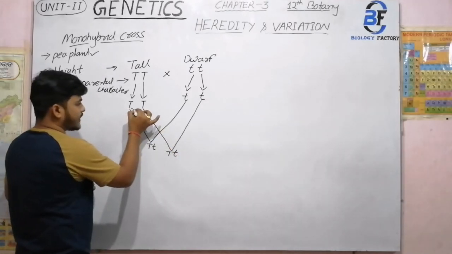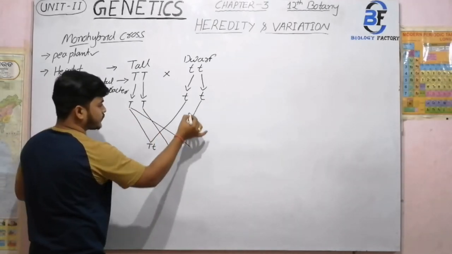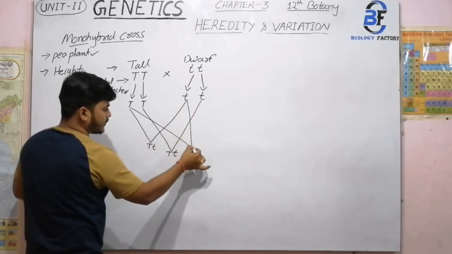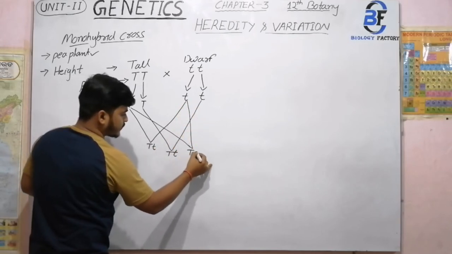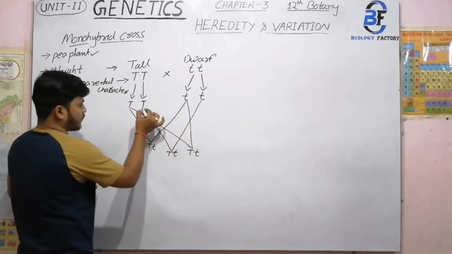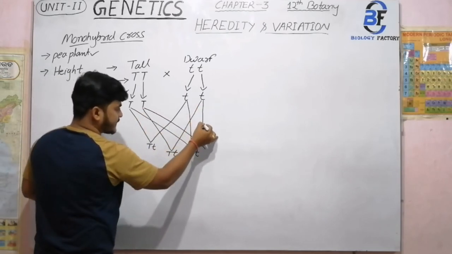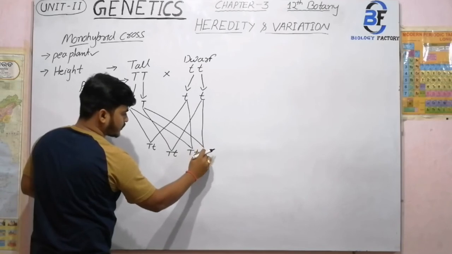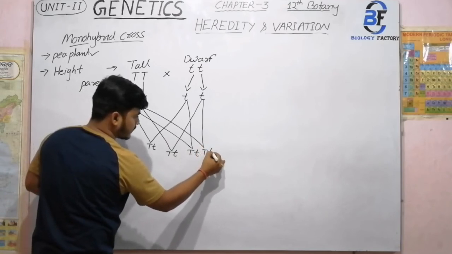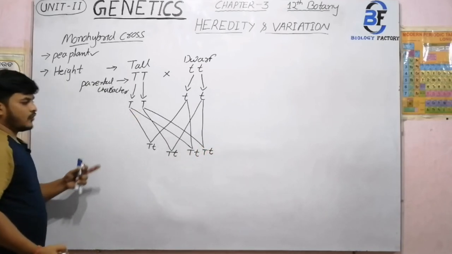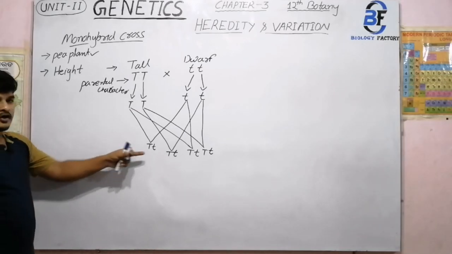When the first capital T is crossed with small t, the resultant is capital T small t. When the second capital T is crossed with the second small t, the resultant is again capital T small t. Similarly for the next pair, the resultant is capital T small t every time.